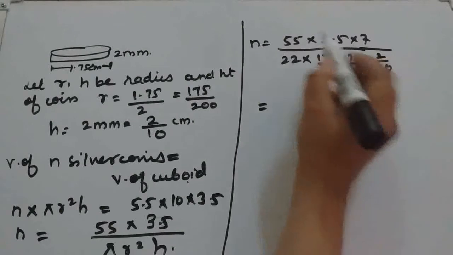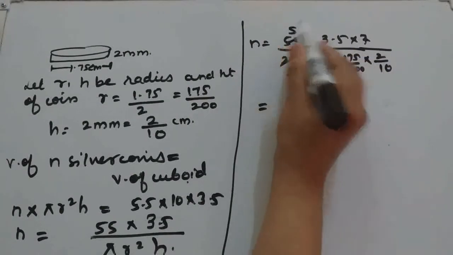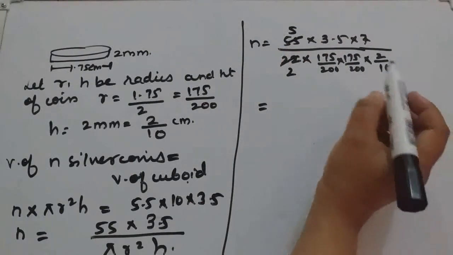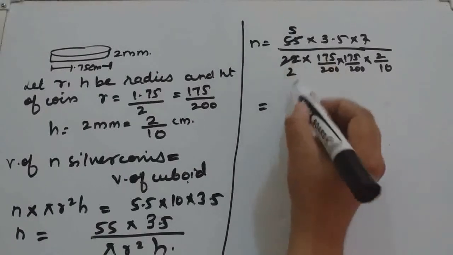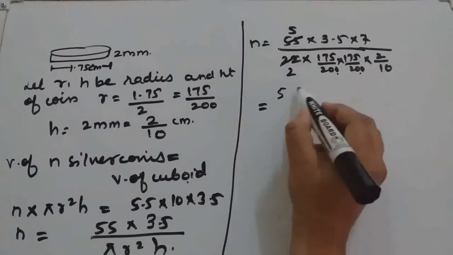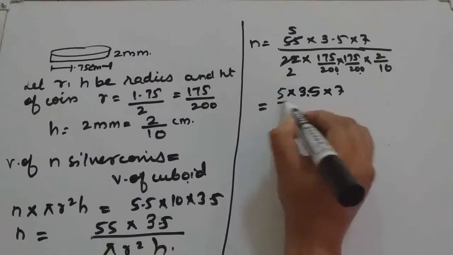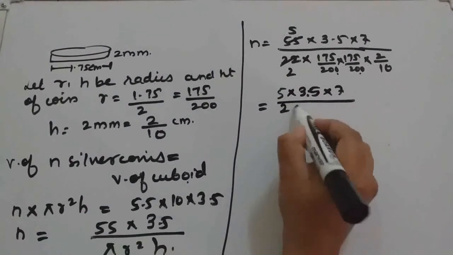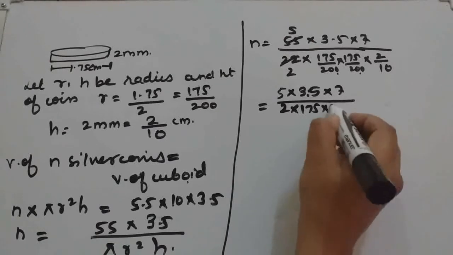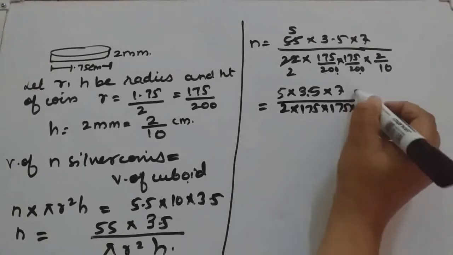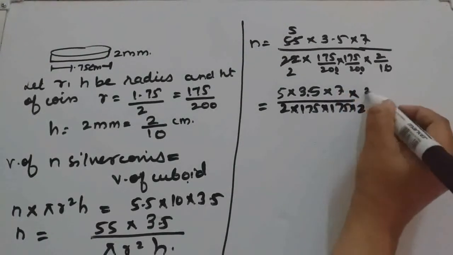So see, 11 2s are 22, 11 5s are 55. Okay, and this also will go up. So 2 into 5 into 3.5 into 7 into this 200, 210 will go up.